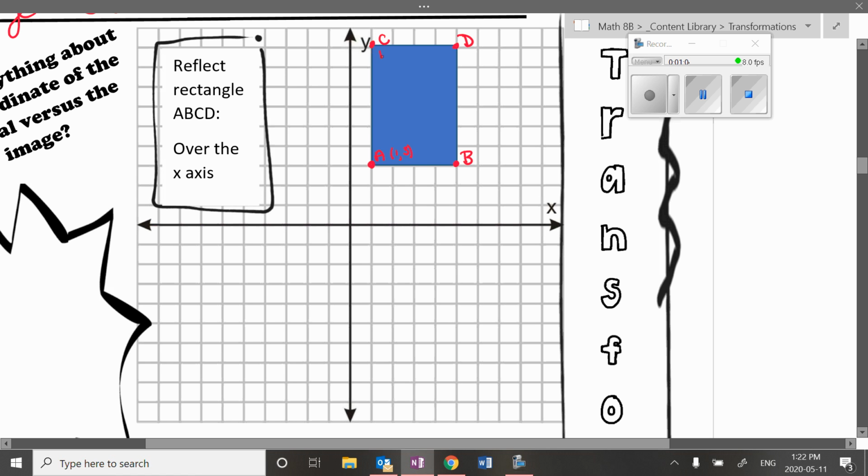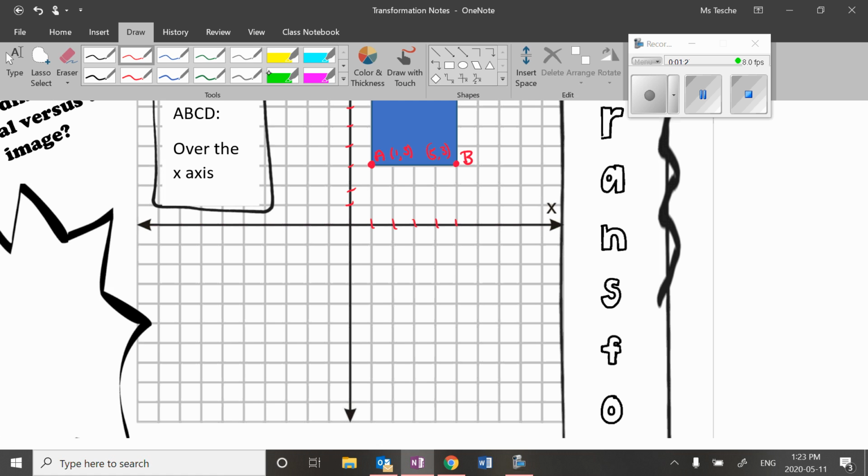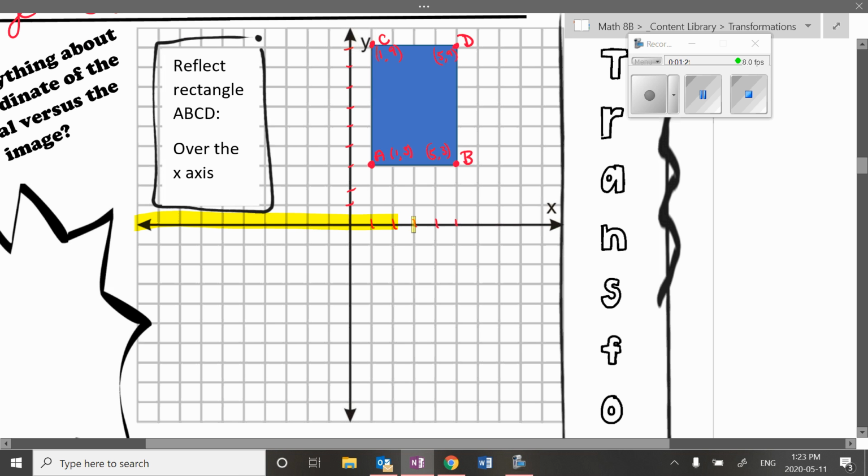C is also 1 to the right, but 9 up. B is 5 to the right and 3 up. So D has to be 5 over and 9 up. So we're reflecting over our x-axis. That's a horizontal line.